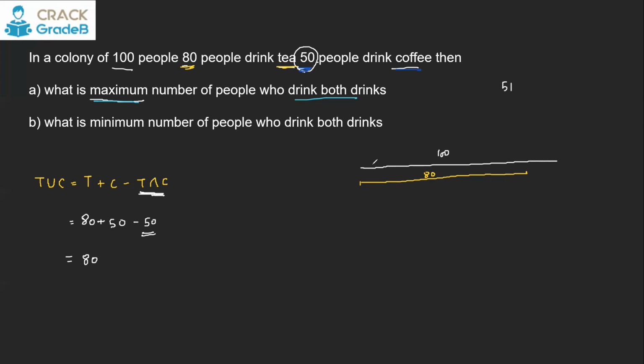So you will start giving those 50 coupons to the people who already have a tea coupon, right? So if you now observe how many people out of these 100 have both the coupons, this is the length of 50 which have both the coupons, and hence 50 is the maximum number of people who drink both drinks.